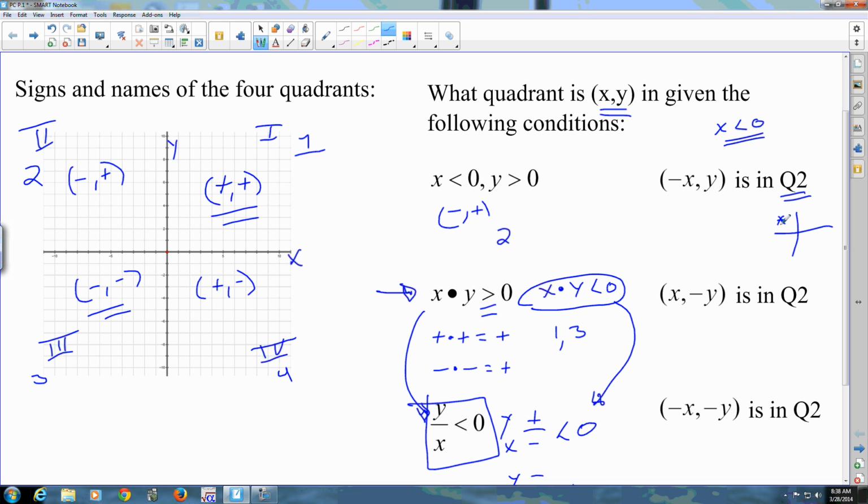Where did you come from? Well, you didn't mess with the y value, so you're going to be just as far up in the original coordinate. But you got there by changing the sign on the x. So change the sign on the x back, and that means you're going to be standing somewhere in quadrant 1. So the answer to this question is quadrant 1.